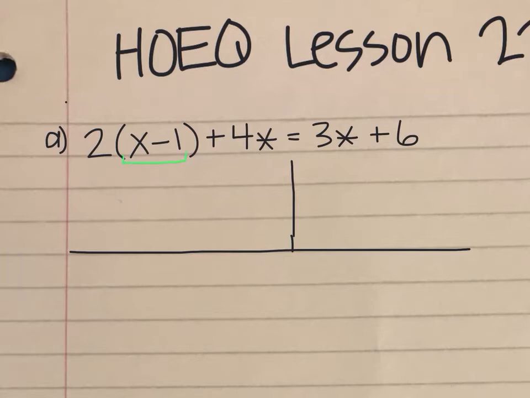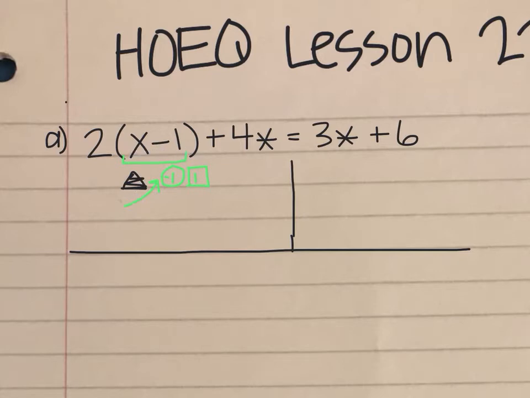So before I write it 2 times, what I'm going to do is see what x minus 1 looks like. If I have x, and then I need to take away a 1 that I don't have, the strategy that we learned was to bring in a 0 pair of a negative 1 and a positive 1 together. So now I have the ability to say x take away 1.